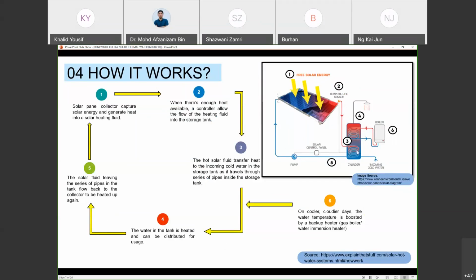The hot solar fluid transfers heat to the incoming cold water in the storage tank as it travels through a series of pipes inside the tank. The water in the tank is then heated and can be distributed for usage. The solar fluid leaving the series of pipes in the tank flows back to the collector to be heated up again. On colder and cloudy days, the water temperature is boosted by a backup heater, a gas boiler, or a water immersion heater.